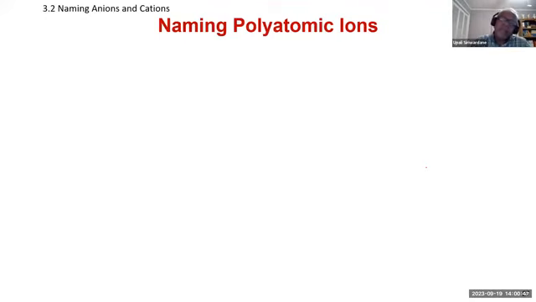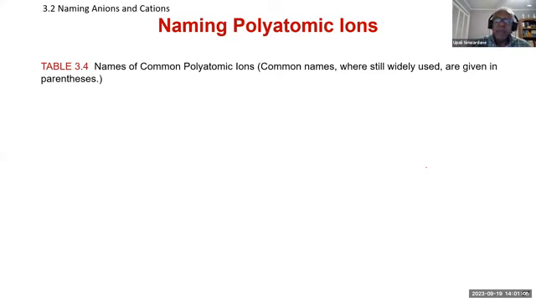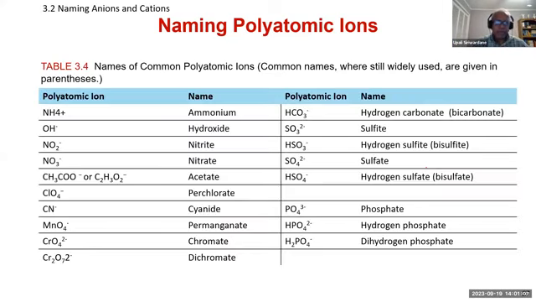Now there are ions. We talked about monoatomic ions, metal ions like magnesium, calcium, sodium, and monoatomic ions like oxide, chloride, bromide. Here is a list of names of different polyatomic ions.